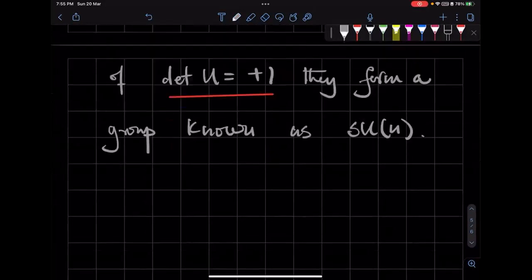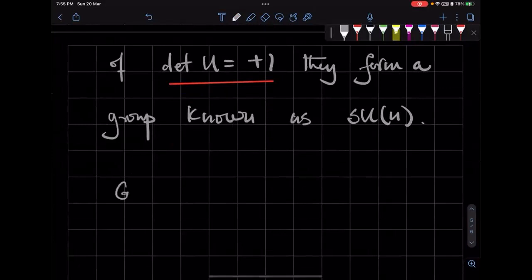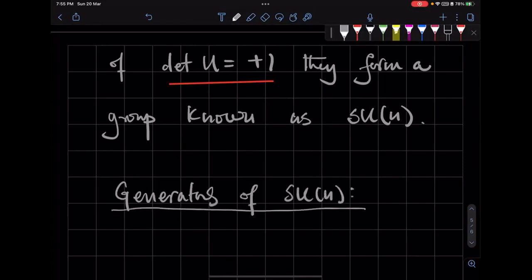Now, what are the generators like? We are interested in the generators of SUN groups, and these are quite amazing, useful groups in quantum physics.